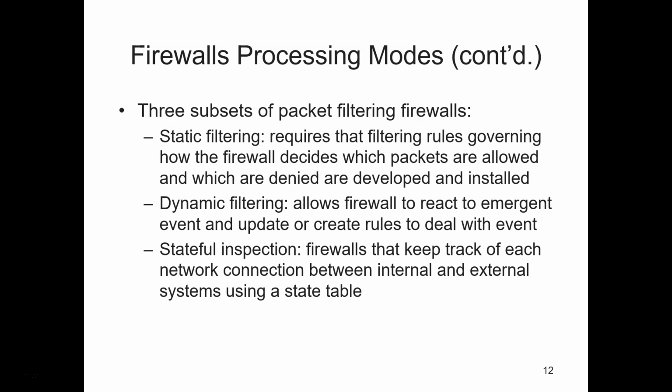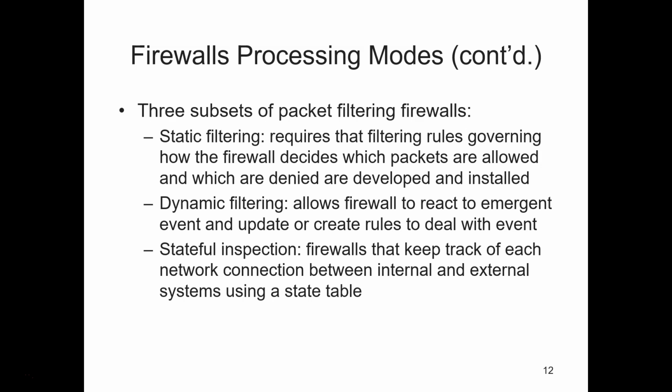There are three subsets of packet filtering firewalls: the static filtering, the dynamic filtering, and the stateful inspection. The static filtering requires that the filtering rules governing how the firewall decides which packets are allowed and which are denied are developed and installed.